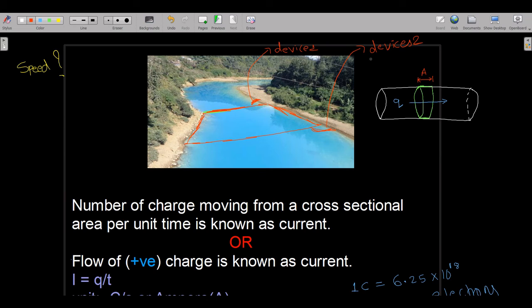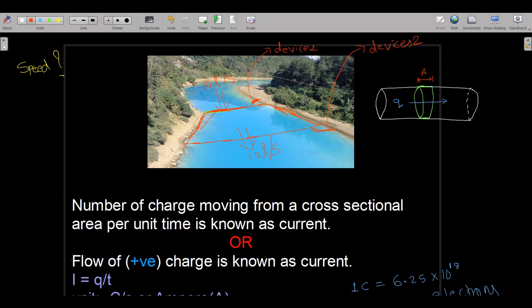So I'm setting these two devices, and let's assume that 10 liters of water is entering per second and 10 liters of water is going out per second. This is how we calculate the speed of water, by taking some area.